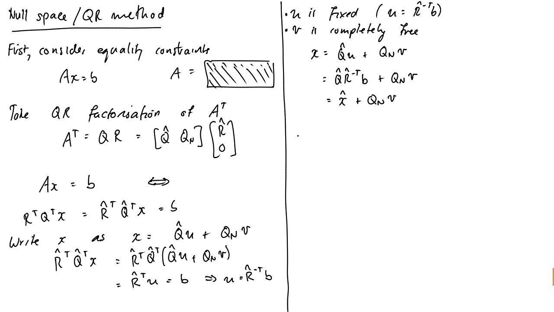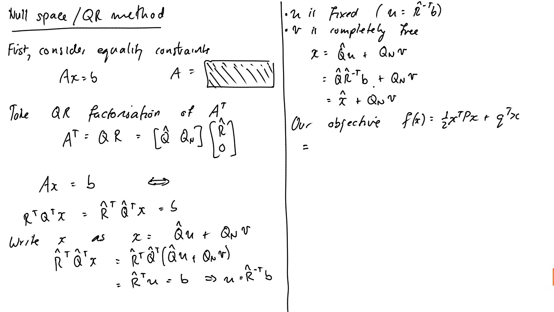Okay, so our objective is f of x equals 1/2 x transpose Px plus q transpose x. We're going to plug that in. So f of x equals something kind of nasty.